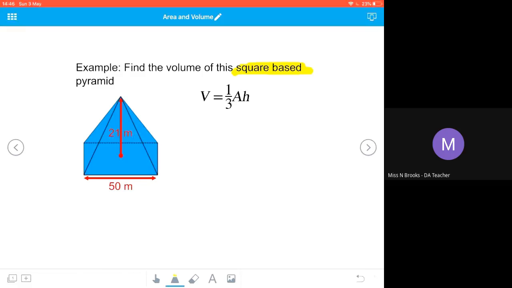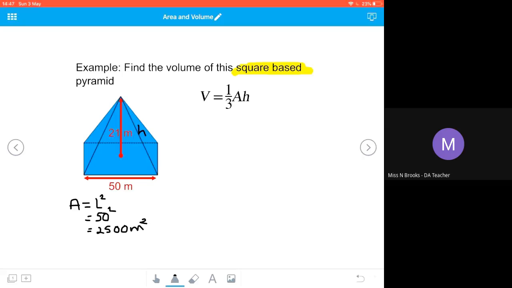So I know that in order to work out the area of a square, it's the length squared, which means it's going to be 50 squared, which means it's going to be 2,500 square meters. The height is the height from the base to that vertex directly above it. So my h is going to be 21 meters.